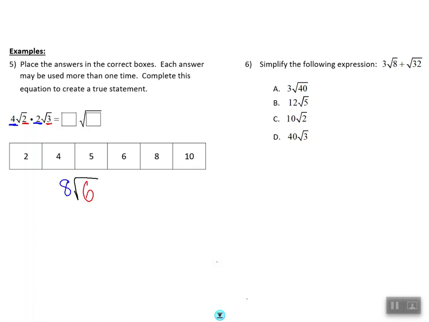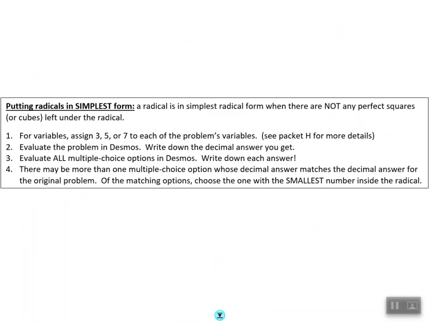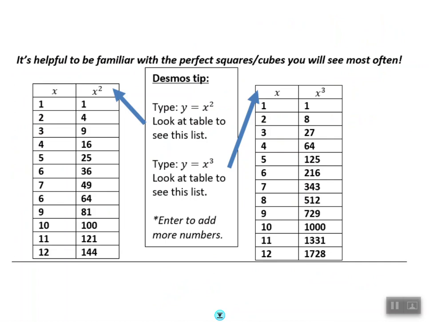And then we need to see if we can simplify. Like we did on the previous problem, we need to look at our list of perfect squares. I'm going to divide 6 by the perfect squares less than 6 and see if we get a decimal or not. The only perfect square less than 6 is 4.